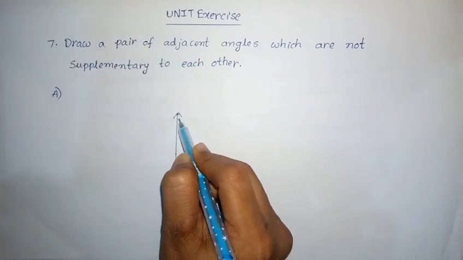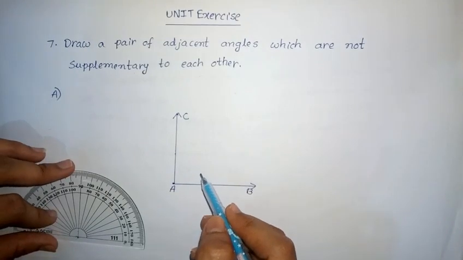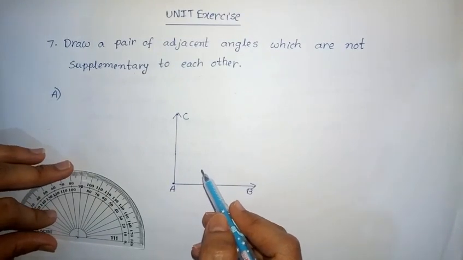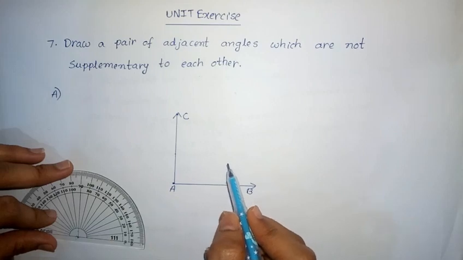Consider this is a point C. So this is a right angle. This right angle I am dividing into two different angles, one angle equal to 50 degrees, other angle equal to 40 degrees.